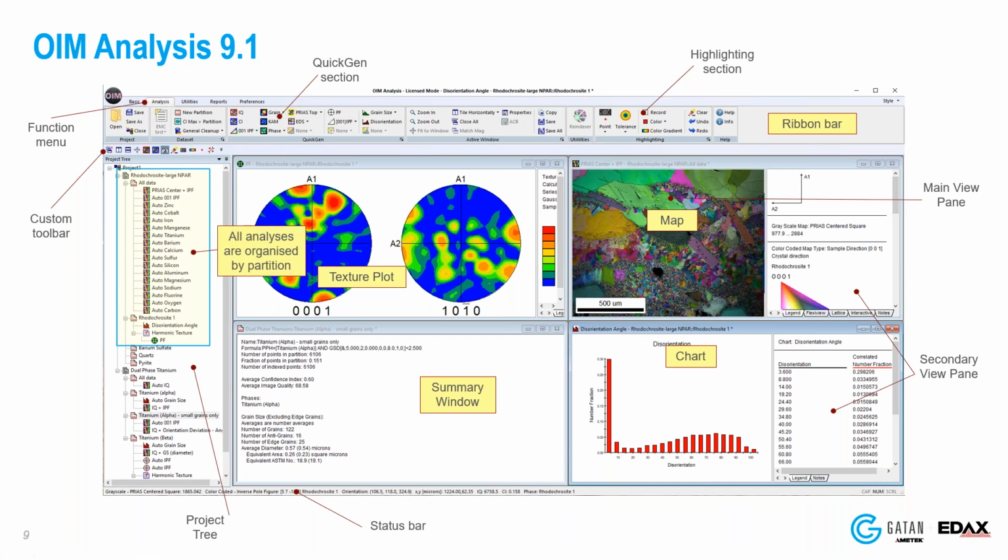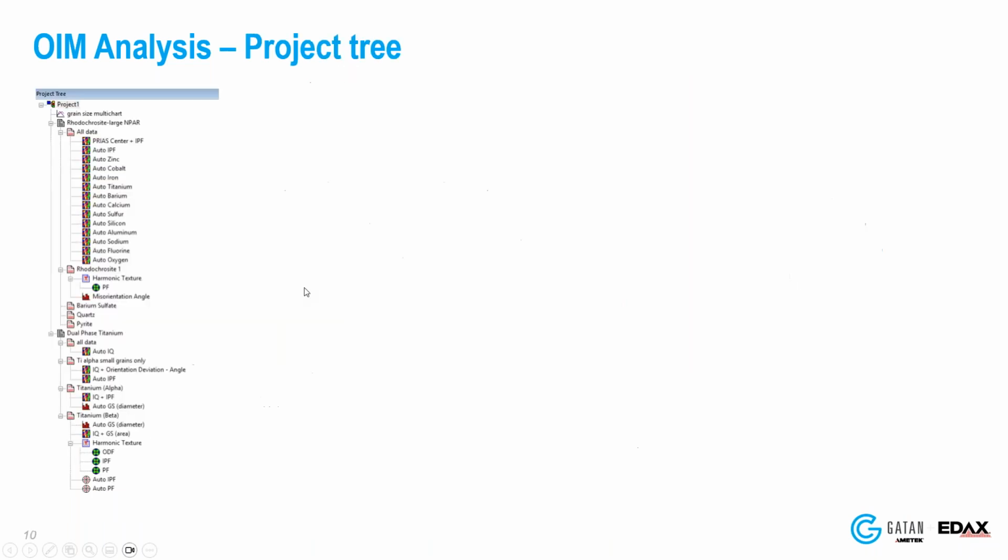Okay, now the most important thing when you start working with OIM analysis is this organization. The analyses are organized by partition. And what do I mean by that? If I zoom into the project tree, you can see there you have different levels. And the project, that's the root level.